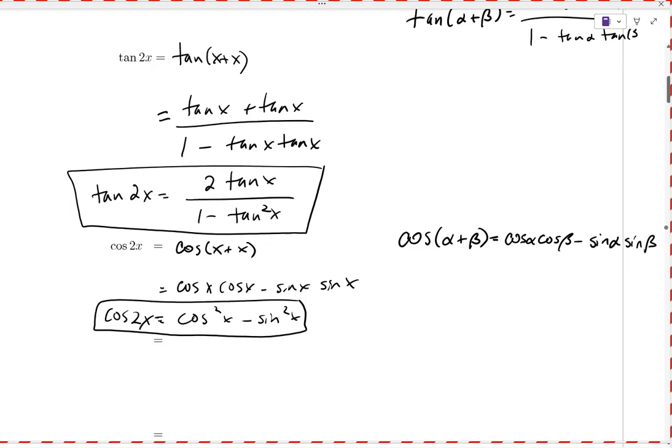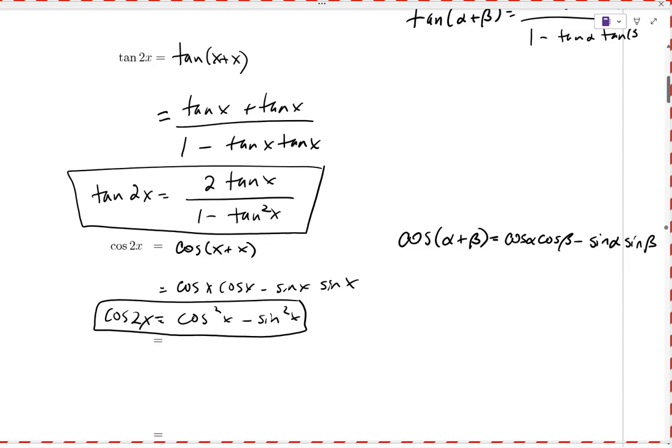However, there will be occasions, including here in a little bit, in which I'd like to get rid of one of these trig functions and write it in terms of the other one. So I can use the Pythagorean identities to help me rewrite this. What can we plug in for, say, cosine squared x?